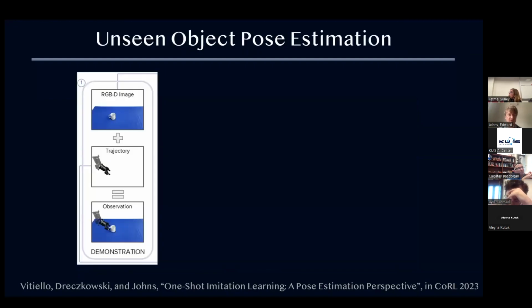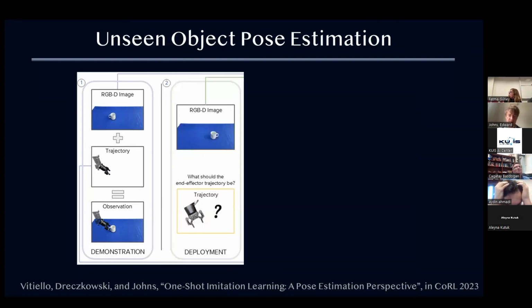So we approach this from the perspective of unseen object pose estimation. And I'll explain what that means by showing you the pipeline that we implemented. First of all, we have an RGBD image and a trajectory, and that's our observation. Those are the things that the robot is shown during the demonstration. And again, it's just a single demonstration of a task.